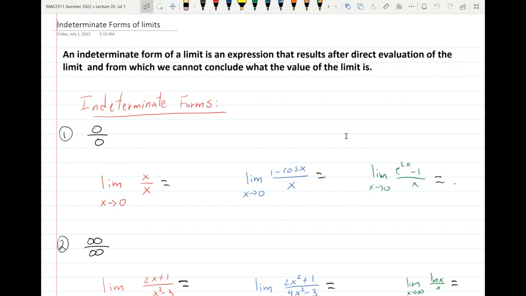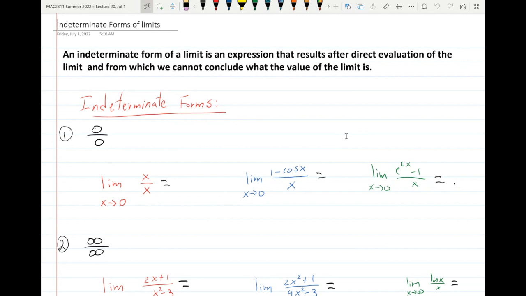In other words, remember the first thing that you do when you compute the limit is you just plug in, okay? And you try to analyze and see what this gives you when you plug in. An indeterminate form is a form so that if that shows up when you compute a limit, you cannot actually decide what the result is from that form. You need to do something else.